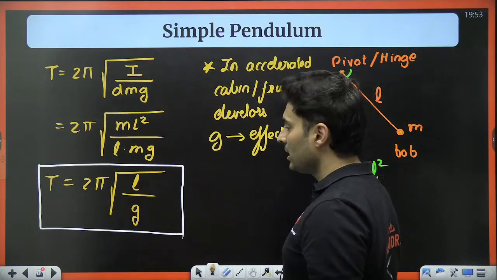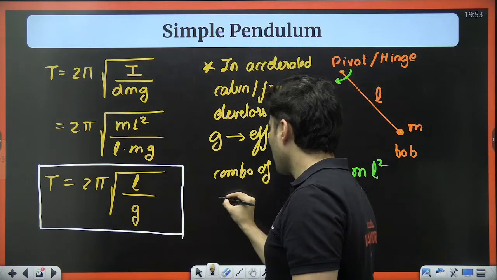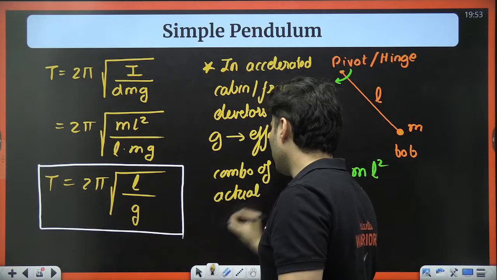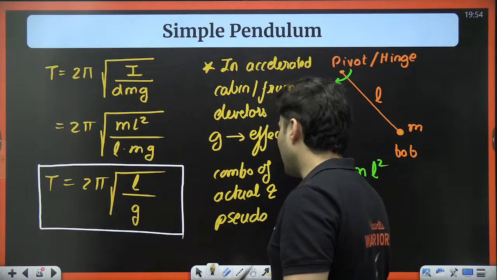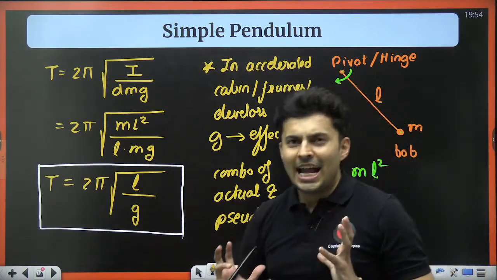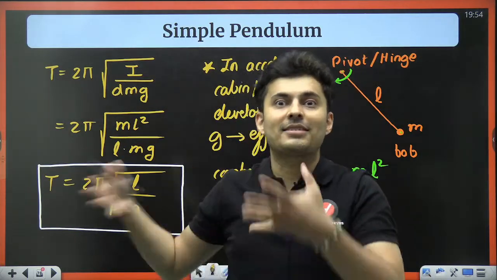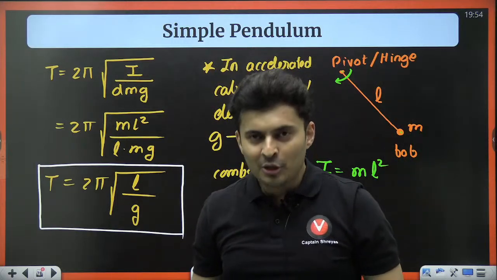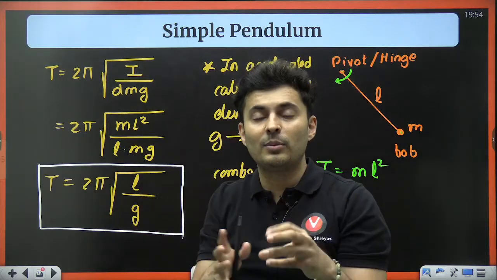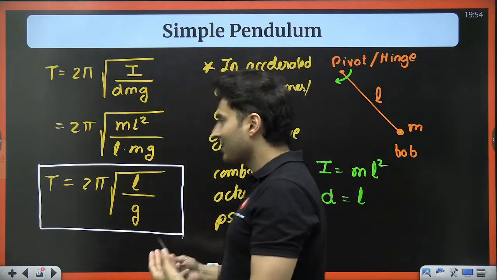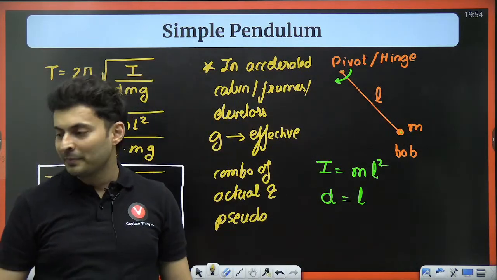It's basically the combination of actual gravity because of Earth and the pseudo gravity. If you accelerate a lift up, you will feel that your weight has increased, so g will be g plus a. If the lift is falling down, you will feel a little less weight. The acceleration due to gravity inside that lift will be g minus a. So you have to use the effective gravity inside that cabin or elevator or frame. Is that understood?